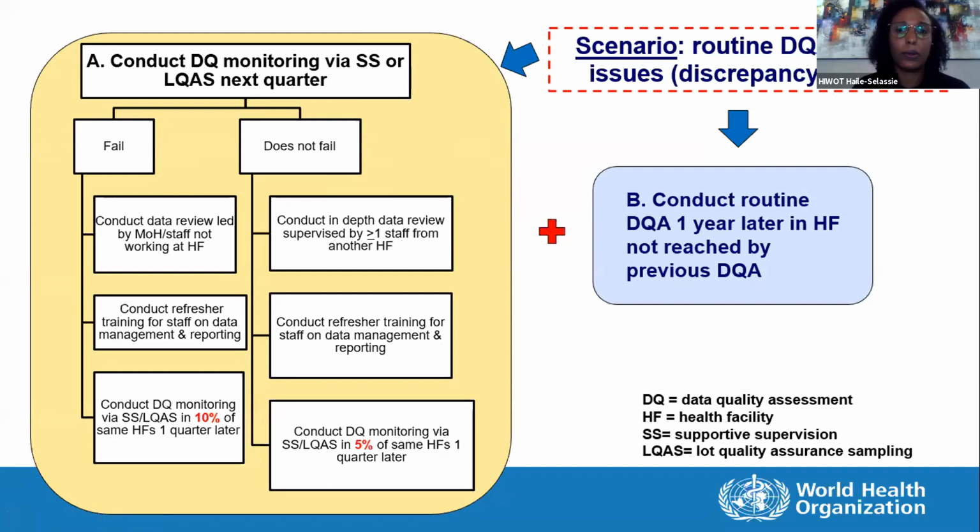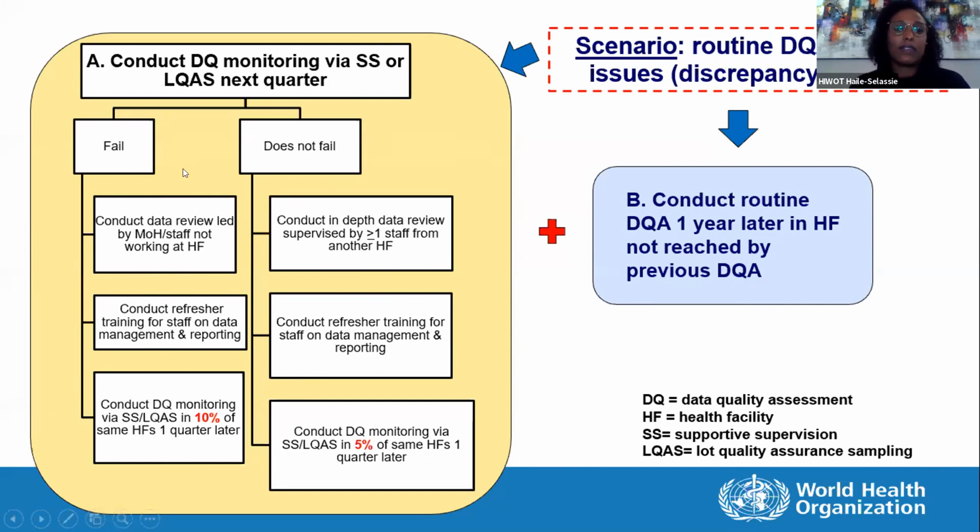So in this example, we're suggesting that you might then go on to conduct in the next quarter data quality monitoring via supportive supervision. And then depending on whether the site fails or doesn't fail, failing meaning has significant data quality issues, that will then trigger a series of actions, which not only include the data quality assurance activity, but could be training, it could be mentoring and support.